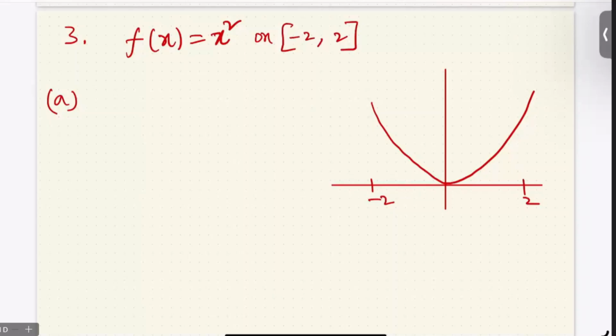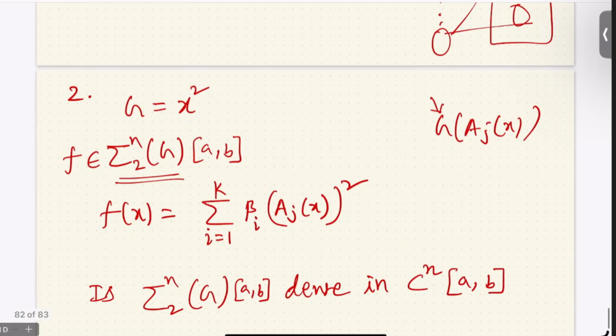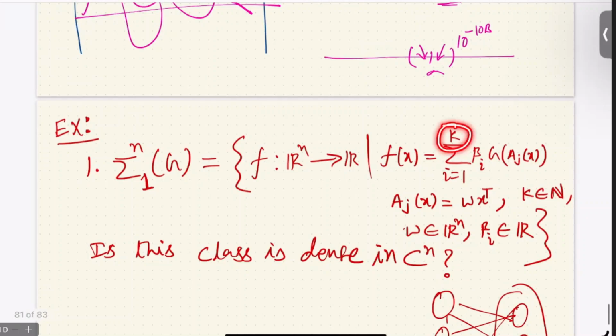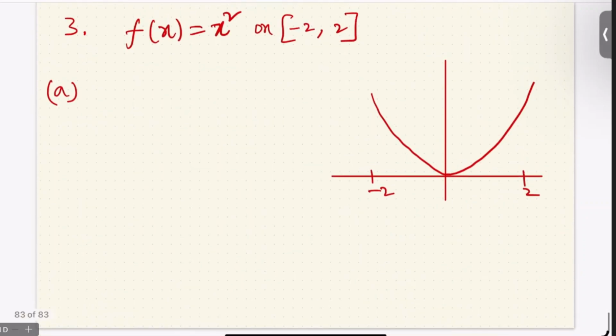First one, on the same f of x equal to x square. You have a neural network of k size. I will give a question on k now. This k we have not touched at all. This is a single hidden layer, of course; we are all discussing the single hidden layer.